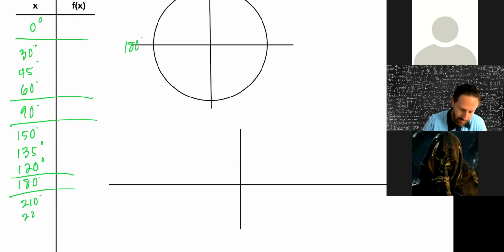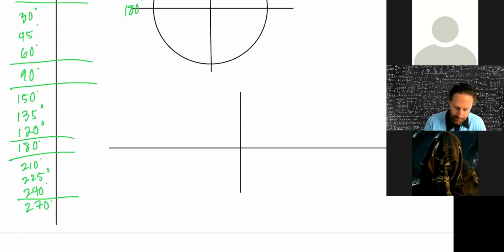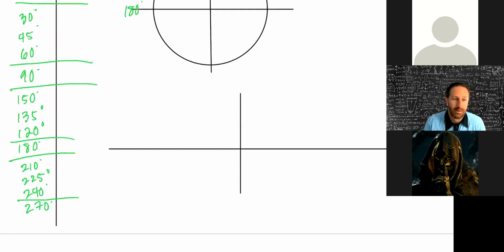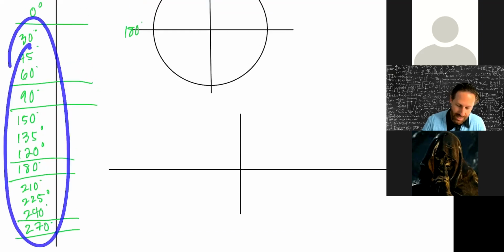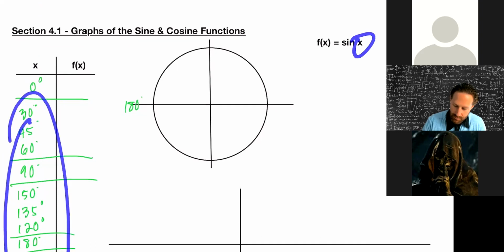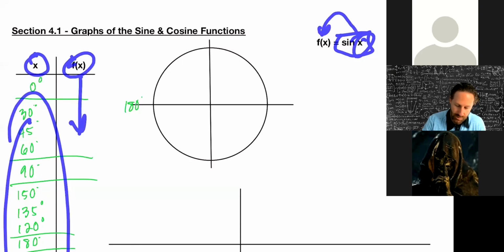Add 45 to that, 225, and add 60 to that, 240, until we got to 270. And you can see this is a lot, isn't it? Because now, look at all these values that we're going to have to plug in for sine, for our x, our angle, and evaluate it to see what we get out for our y, our ratios.